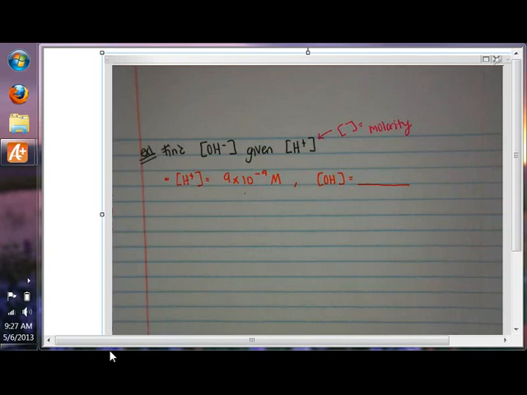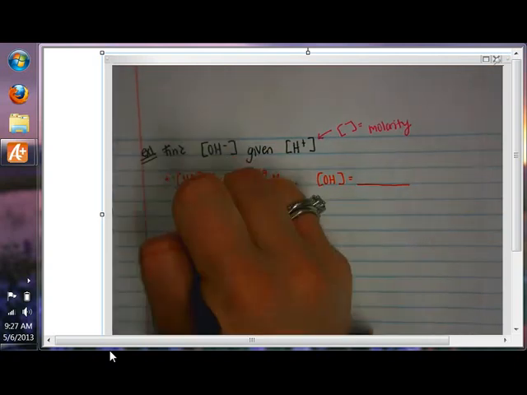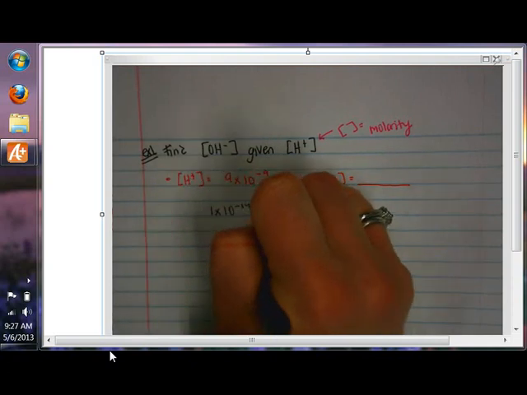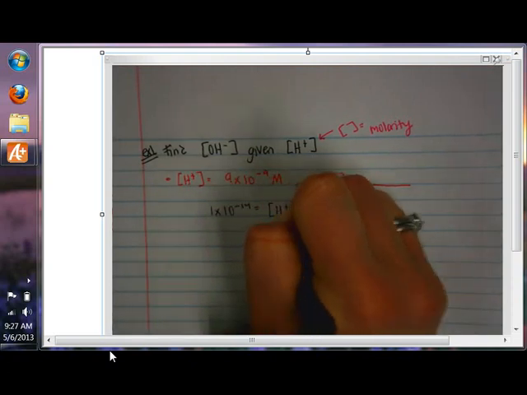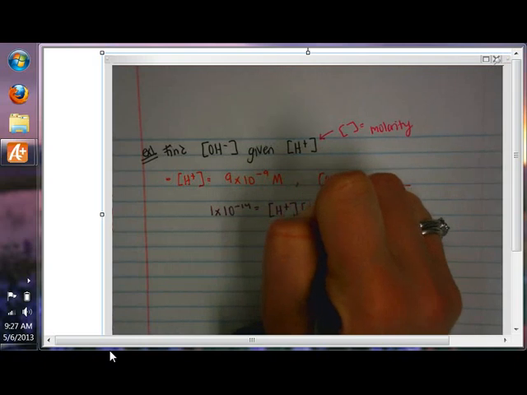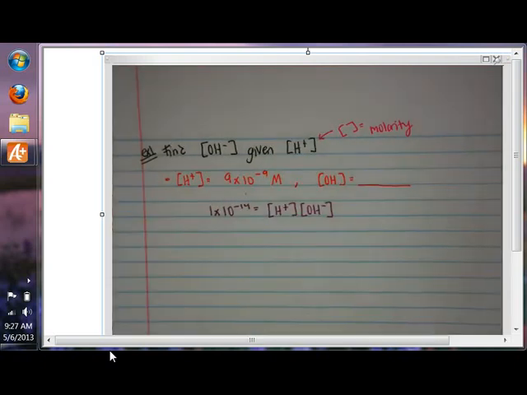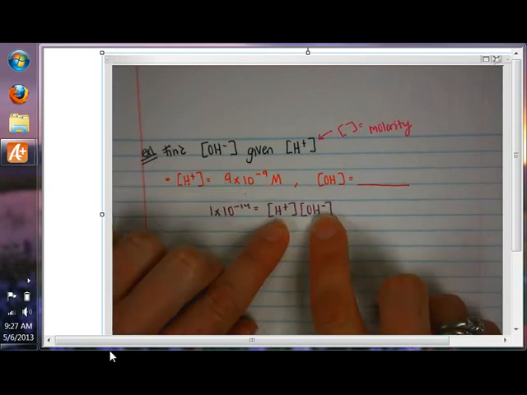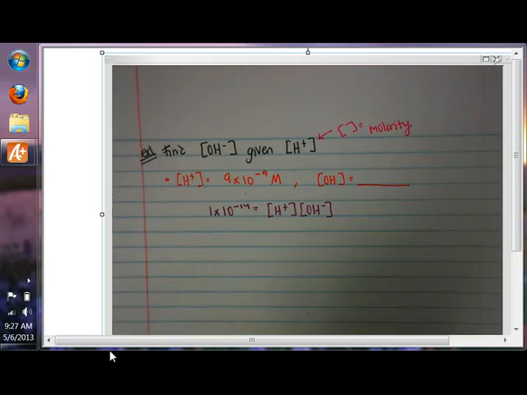Well, we have this great formula that we just wrote down above. So we have 1 times 10 to the negative 14th equals the concentration of hydrogen times the concentration of hydroxide. If I am given hydrogen, I can plug that in here, and then I can solve for OH minus, and that's what I'm going to do.